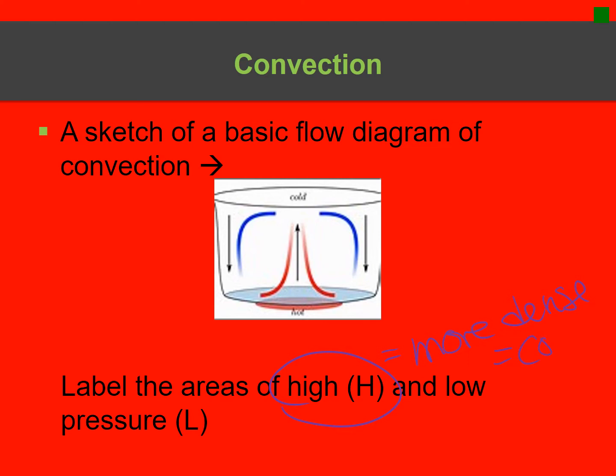That will be something that is cold. So here's our cold, this is going to be high pressure. And where is it going to go? It's going to go to a low pressure. What is low pressure? Once again, that would be less dense, which means that it is hot air. So we're going from high to low.